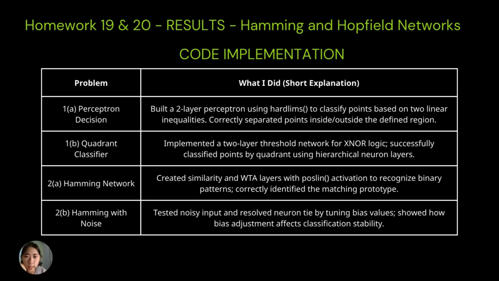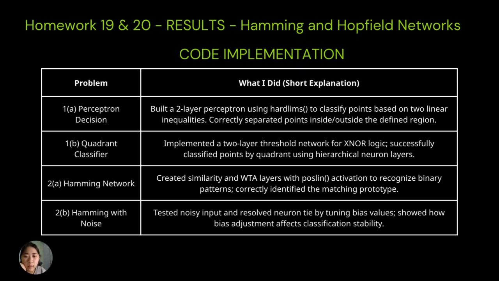So moving on to the code implementation, I followed the exact same steps as the manual version by building a two-layer perceptron using hard limits to classify points based on two linear inequalities, and it correctly separated points inside or outside the defined regions. I also implemented a two-layer threshold network, and it successfully classified points by quadrant using hierarchical neuronal layers.